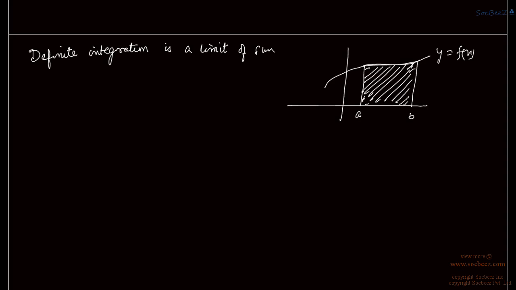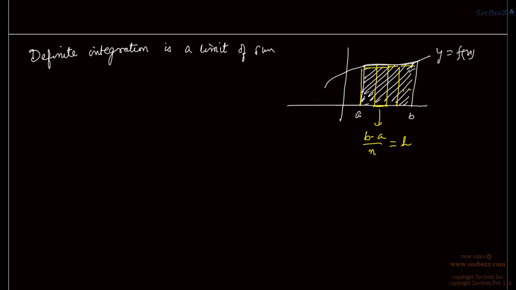What we do? We divide it into, say, n rectangles, and we calculate the area of all these n rectangles. So we have this length as (b minus a) upon n, which we call h. So the area of each rectangle: the height is f(a), then the next height is f(a plus h), then f(a plus 2h).